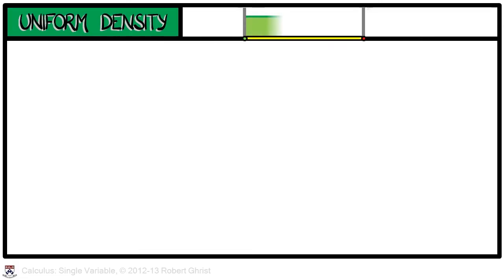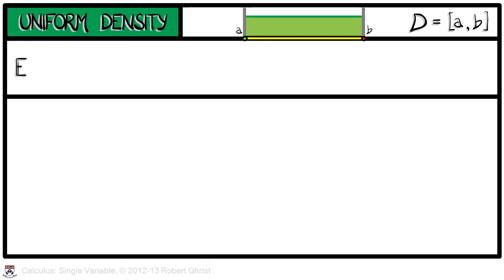Now, with this in hand, let's compute some of these values. In the case of a simple PDF, let's look at a uniform density over the interval from a to b. What's the expectation? Well, it's the integral of x dp. That is the integral of x times rho of x dx, as x goes from a to b.